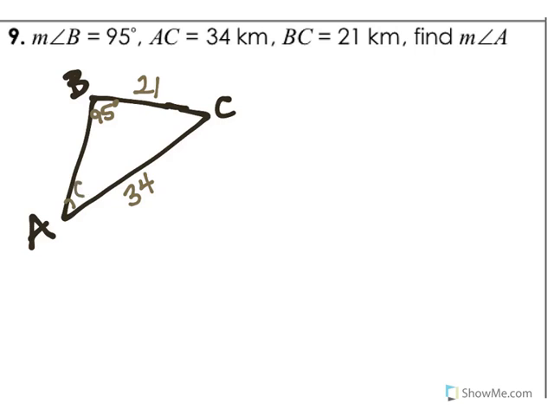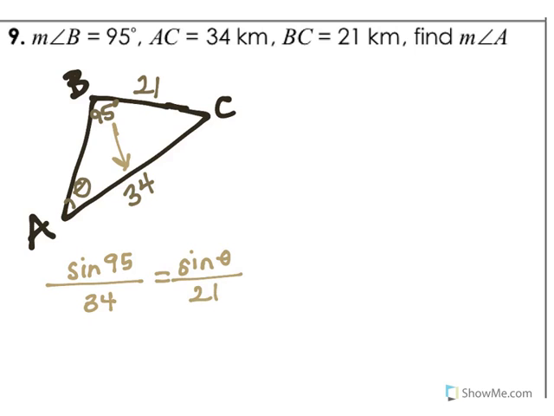And we're going to find measure A, so that's going to be our theta. So look for a pair, and you have one. So sine of 95 over 34 equals sine of theta over 21. Now we're going to cross multiply, and you get 21 times sine of 95 equals 34 times sine of theta.